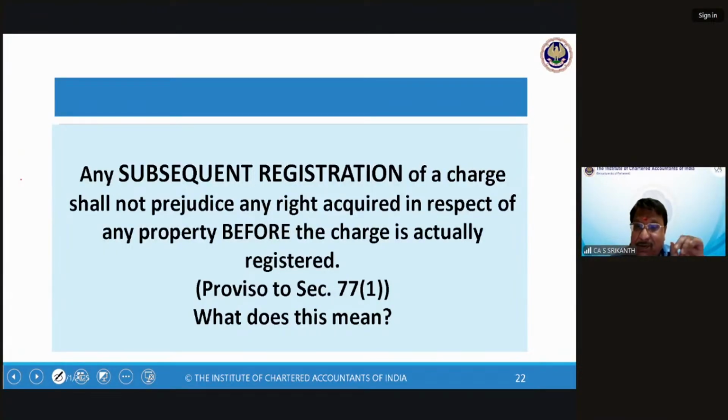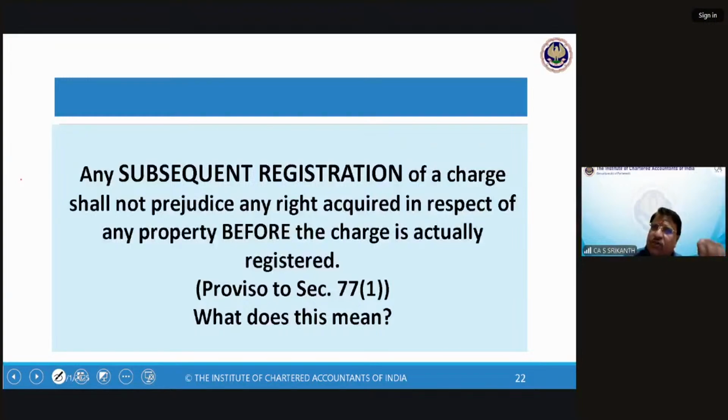But see, whenever the word but comes, that's called a proviso. So they say, you didn't register it, go and register it now. But any subsequent registration of a charge shall not prejudice any right acquired in respect of any property before the charge is actually registered. Friends, ladies and gentlemen, I'm quoting directly from the BARE Act.